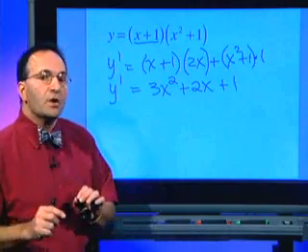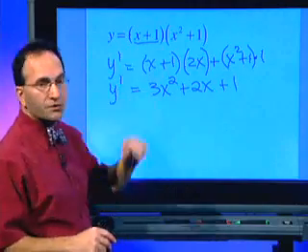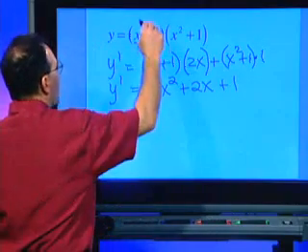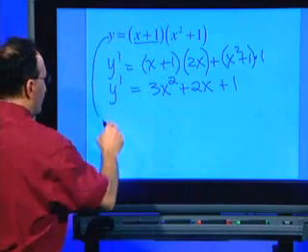Well, let's do the other way, which is to multiply out the two factors and then differentiate. So when I multiply this, I'm going to put my answer right here.